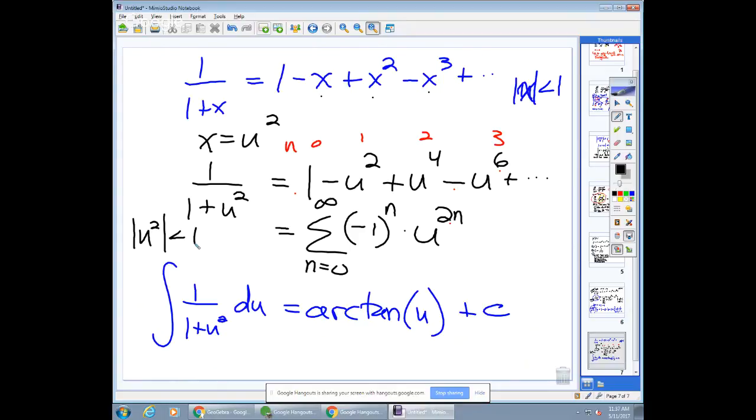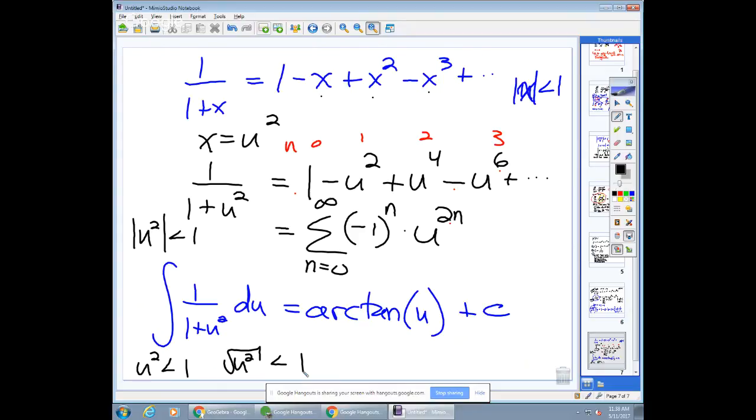Now, u squared is always non-negative, so I don't need the absolute value. So u squared has to be less than 1. How do we get rid of a square? Take the square root. So the square root of u squared is less than the square root of 1.